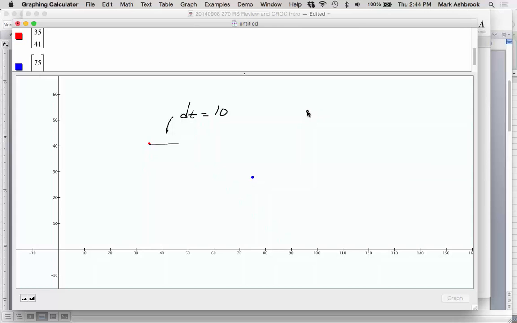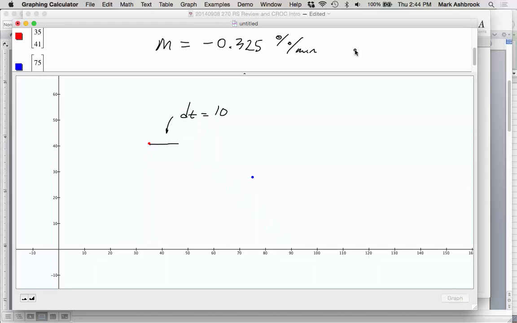And how'd you get that? Was it negative 3.125? Is that right? It's percent per minute.